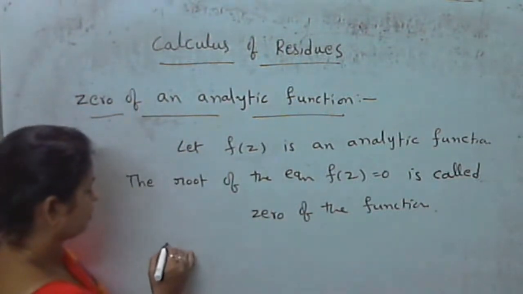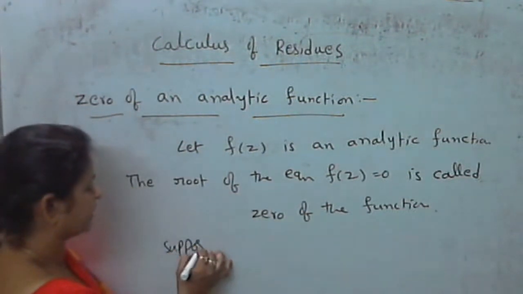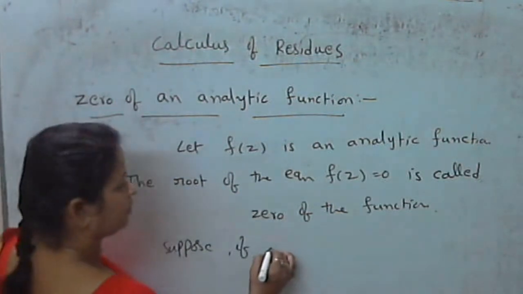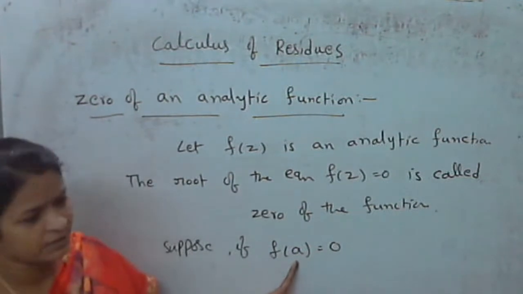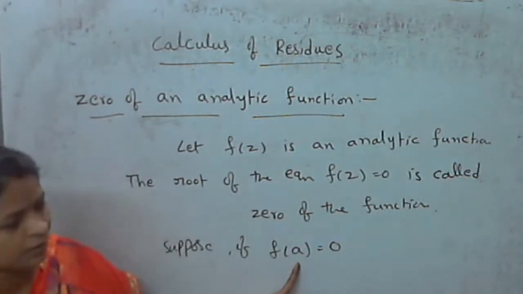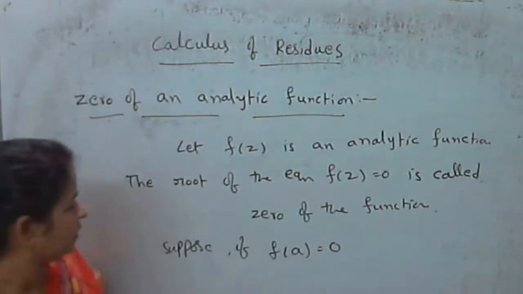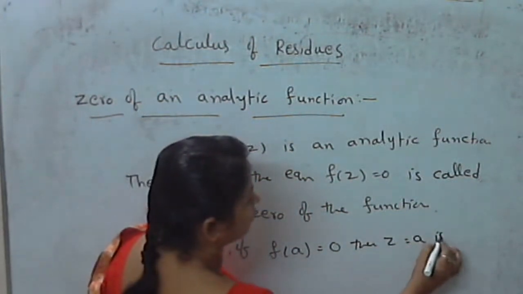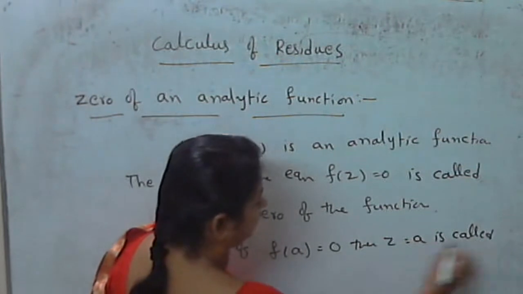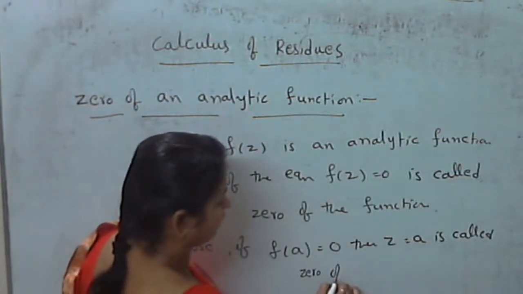Suppose f of a equal to 0, then a is said to be a root of the equation or zero of the equation. If f of a equal to 0, then z equal to a is called zero of the function.